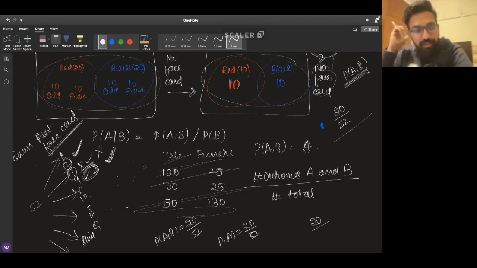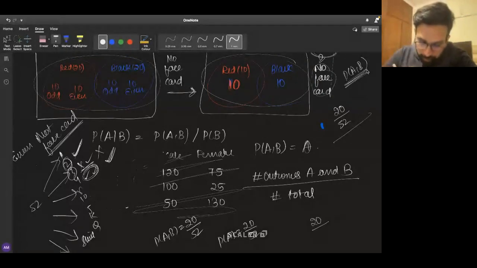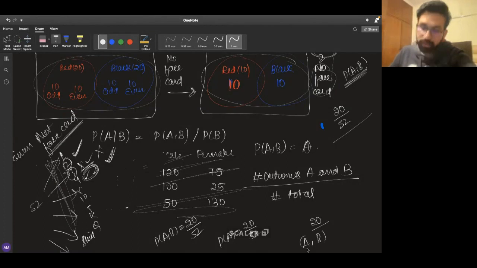So the probability of B is 1 multiplied by the probability of A, which comes to 20 divided by 52. Correct. I got it. The way to think about it logically is that out of all possible outcomes, I have to consider favorable outcomes, those for which both conditions A and B are true.